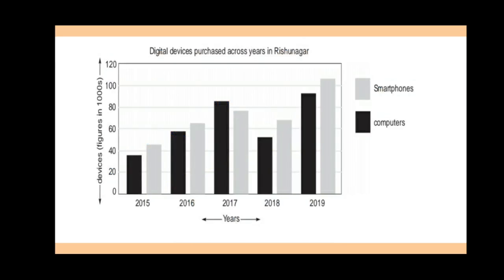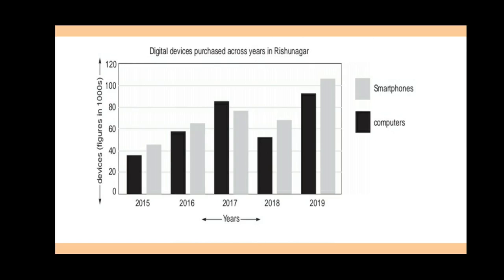Next question is this graph. This is a graph about digital devices purchased across years in Rishinagar. This question is given in your CBSE sample paper, and you have to analyze this bar graph. This bar graph shows the digital devices which are purchased across years in Rishinagar. So this is the introduction.